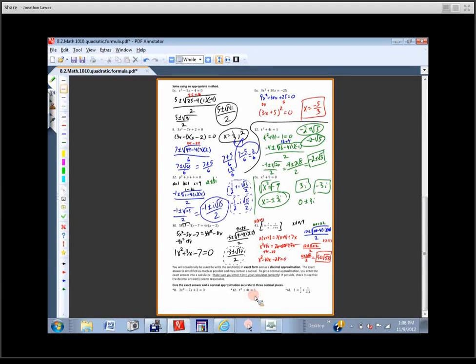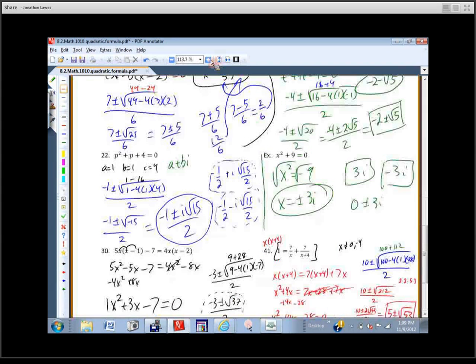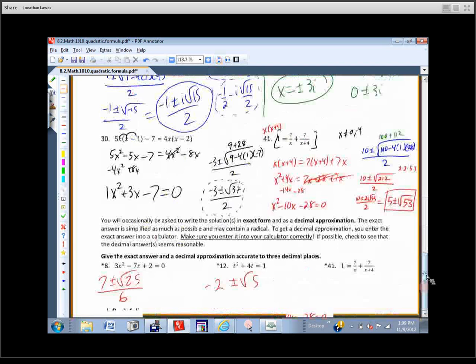Okay, so let me write down what this one was. This one was 7 plus or minus radical 25 over 6. Number 12 was negative 2 plus or minus radical 5. And this one was that last one right there, so I'm just going to make this a little bigger and we'll go from there. Okay.